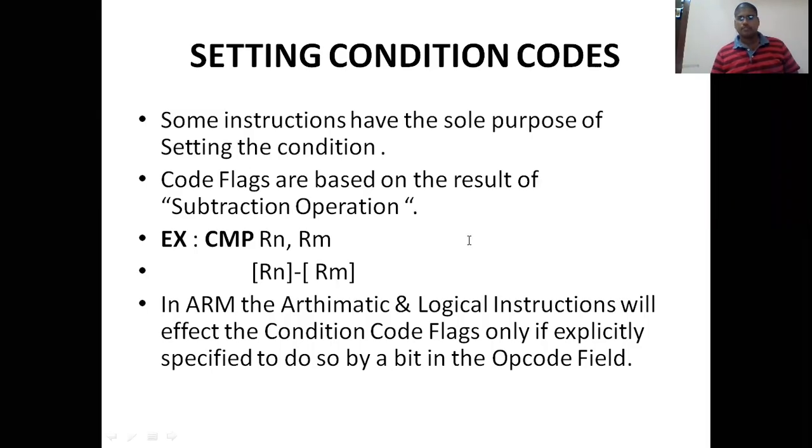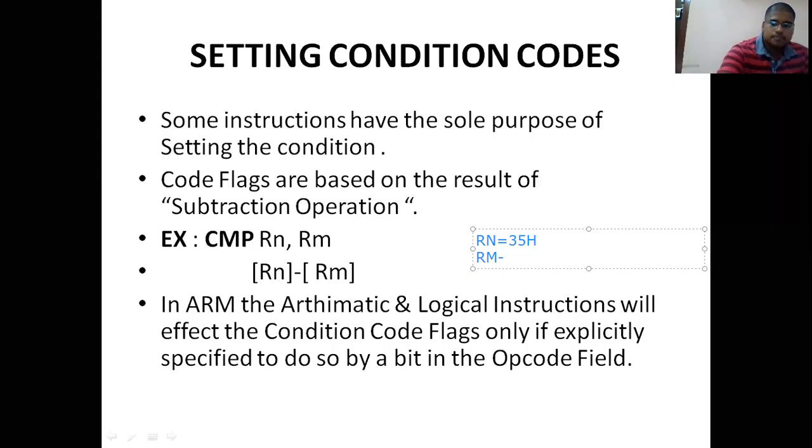Consider Rn is equal to 35H, and similarly consider Rm is equal to 40H. So both are hexadecimal numbers.